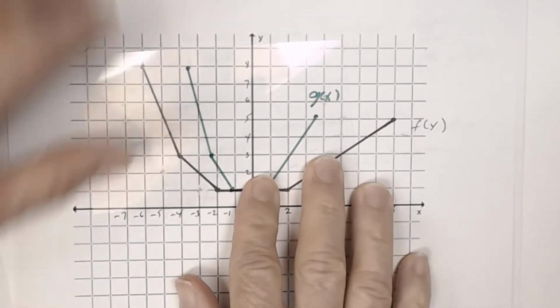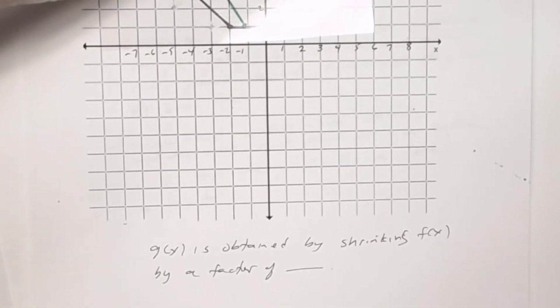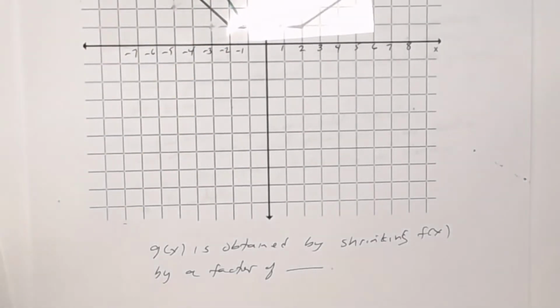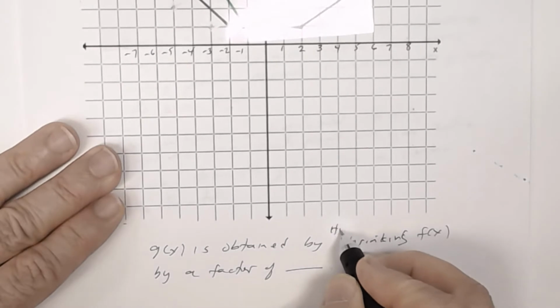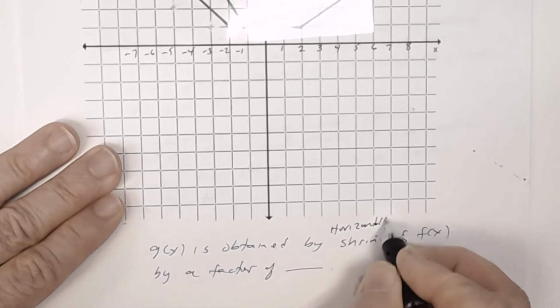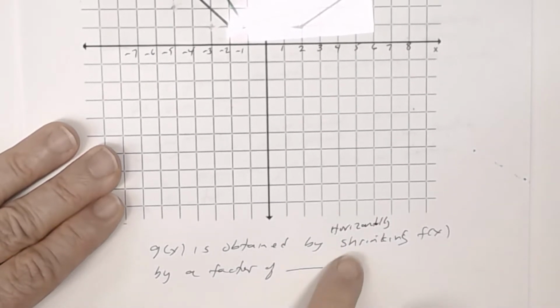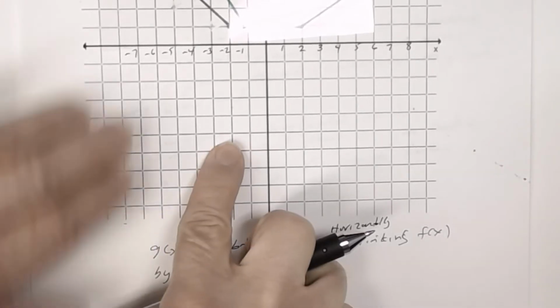And I should have said this a little bit better right here, so I need to be careful, because remember in the previous lesson we talked about vertical shrinking. So g of x is obtained by horizontally shrinking. So make sure you put the word horizontal. Horizontal shrink.